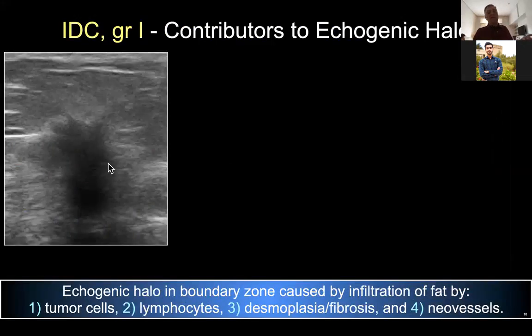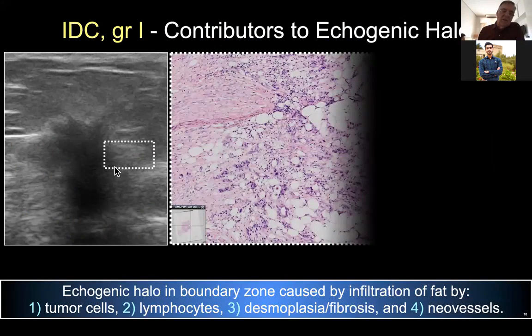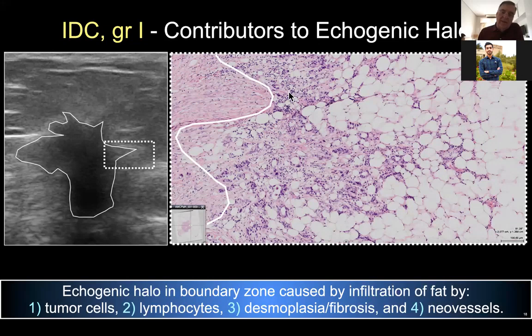So here's an invasive cancer that we looked at on a 5x7 megacassette. Within this white dotted rectangle is a little bit of internal zone and a lot of the echogenic rim. So this white line on the pathology corresponds to the border between the hypoechoic central nidus on the left and the boundary zone on the right.